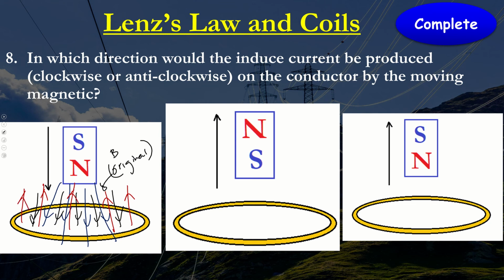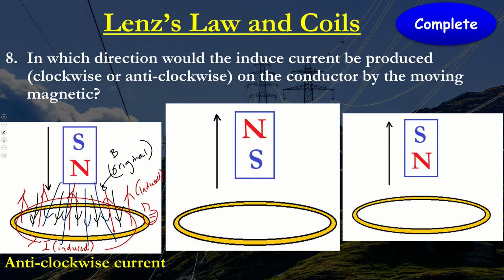So that's our induced field. If it's coming out of the page, using your right thumb, your thumb is pointing out and your fingers wrap around in an anti-clockwise direction. So the induced current is going anti-clockwise.